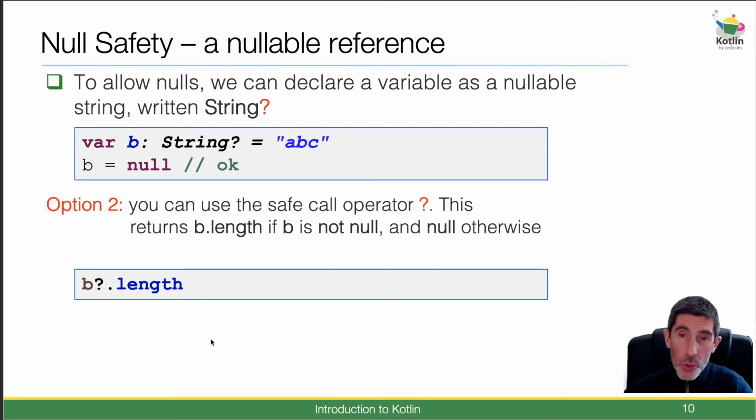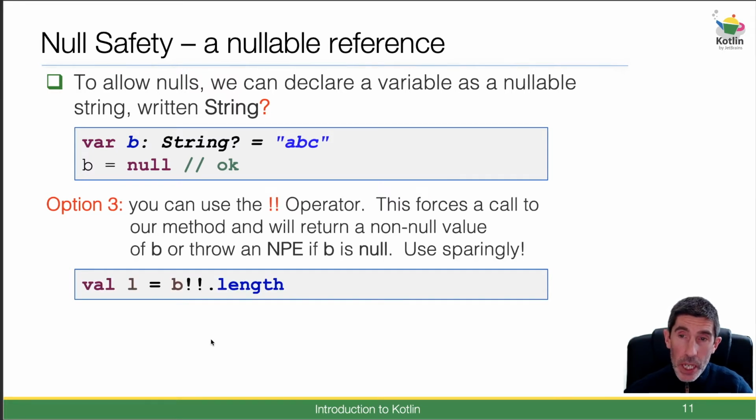So we can say b question mark dot length. That's saying, if b has been instantiated and does hold a value, return the length. Otherwise, just return that null value.